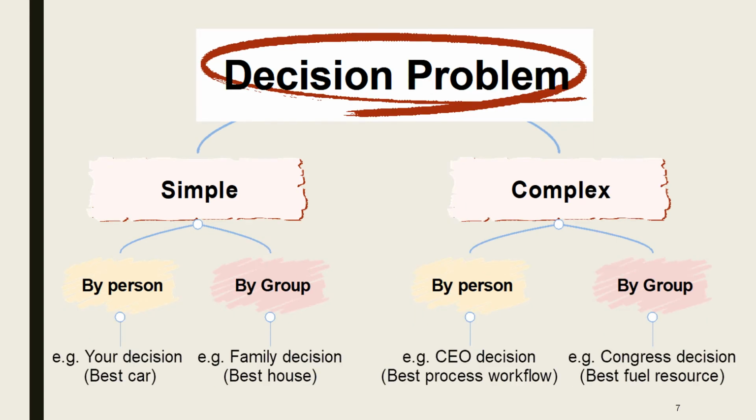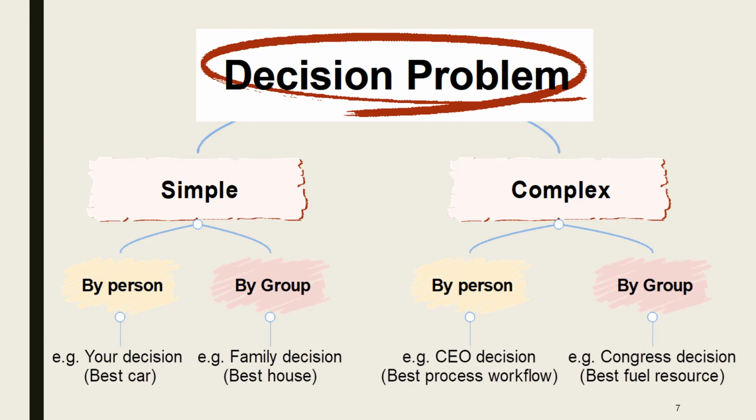So from the previous talk, we talked about the type of the decision problems, either a personal problem or an organizational problem. And also, we can talk about it from the perspective of the simplicity of that problem. Is it a simple problem or a complex problem?